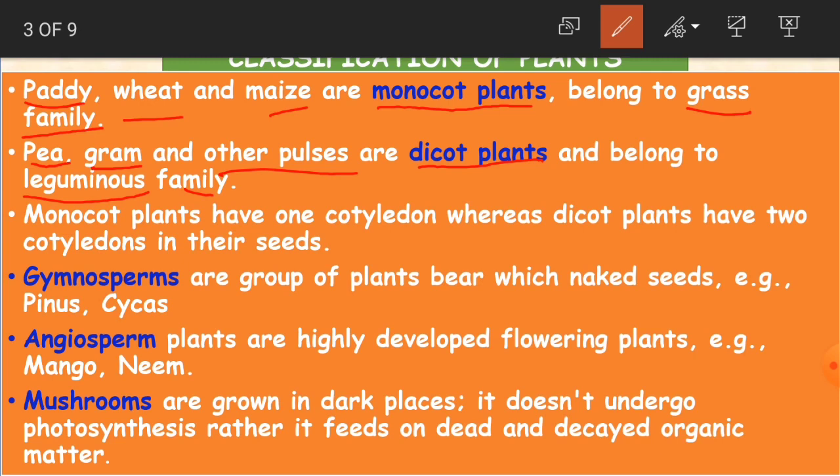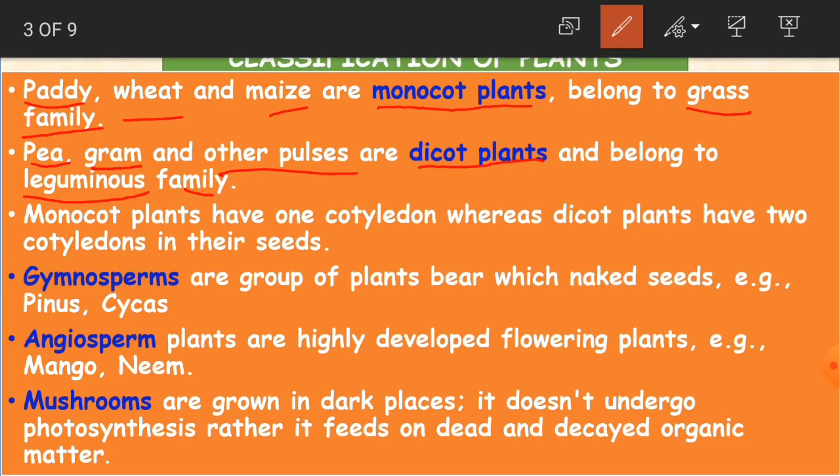For example, if you see a pea plant, where do you get the batani? You can see those seeds inside a long green type of leaf. When you open it, you can collect the peas from that part.